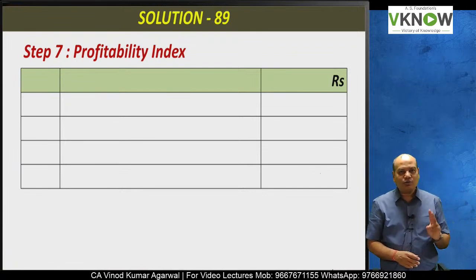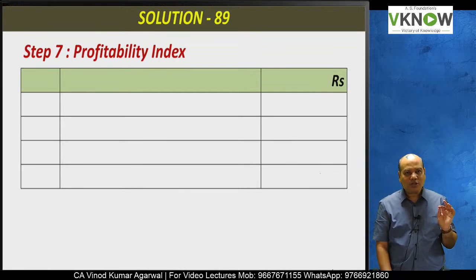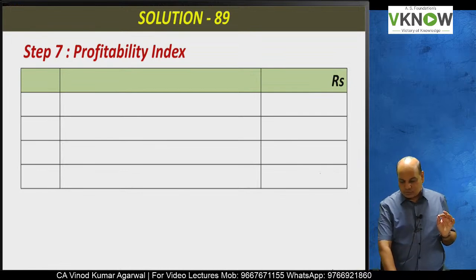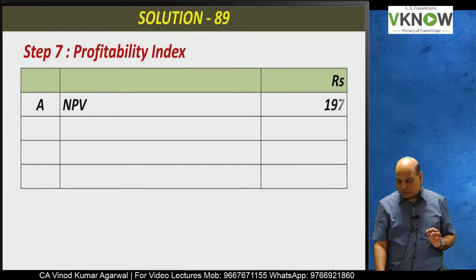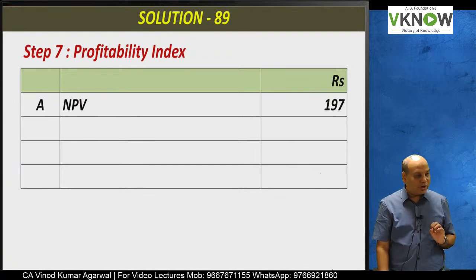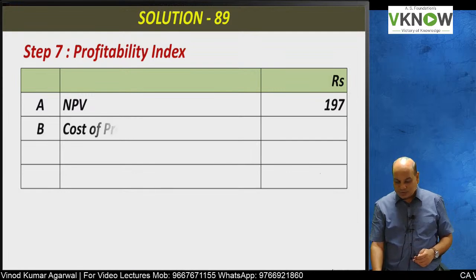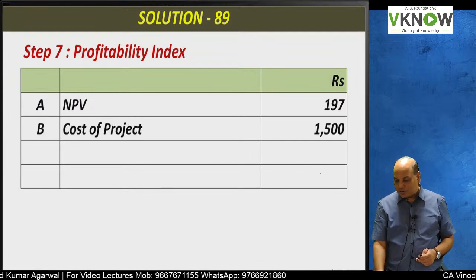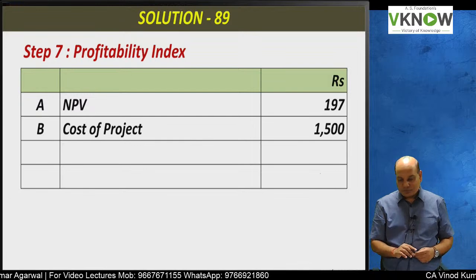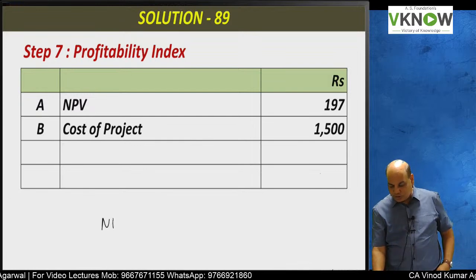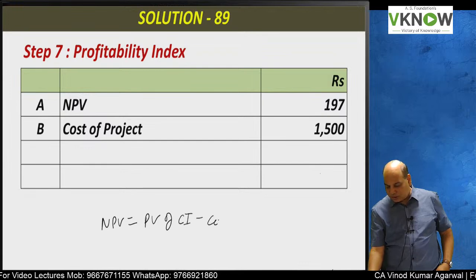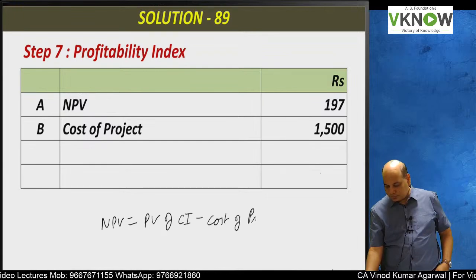So I require two variables, PV of cash inflow. For that we need to write down first NPV 197. NPV is 197 and cost of the project is 1500. What is the formula for NPV? PV of cash inflow minus cost of project.